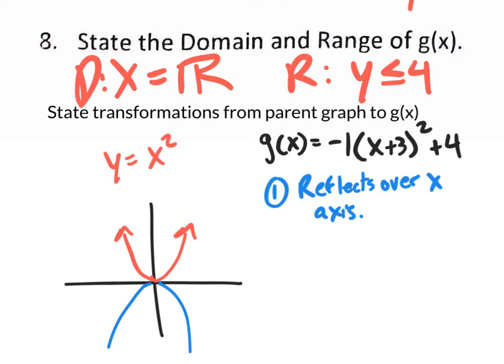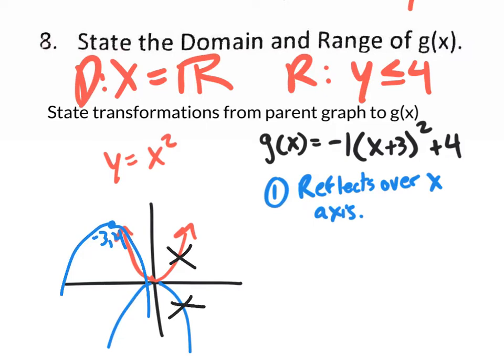Obviously, this vertex can't stay at the origin. Your vertex is going to be negative 3, positive 4. So if your vertex goes to negative 3 and positive 4, this blue parabola is going to be up here, where your vertex would be at negative 3, positive 4, and it's opening down. Does that make sense? So this red one's not it.